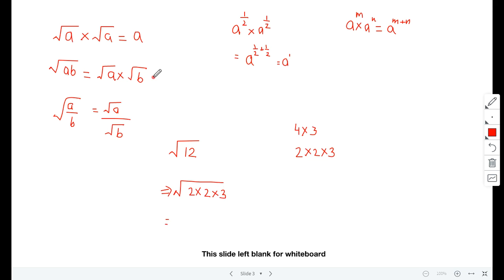Then use this rule, that means separate out the roots. So you can do root 2 into root 2 into root 3. And you know root a times root a is a, so root 2 times root 2 is 2. So it's 2 root 3. Clear?